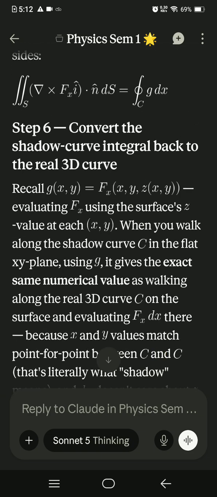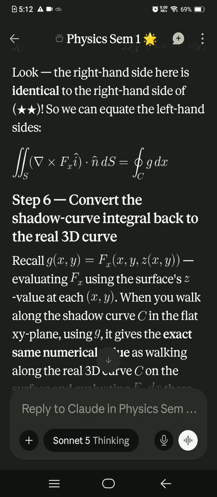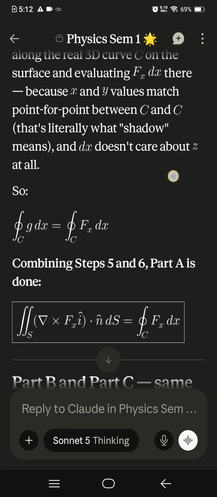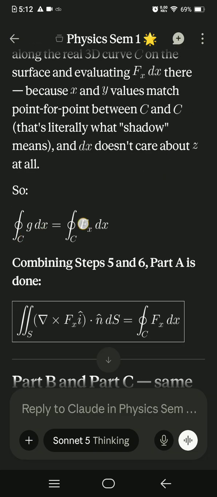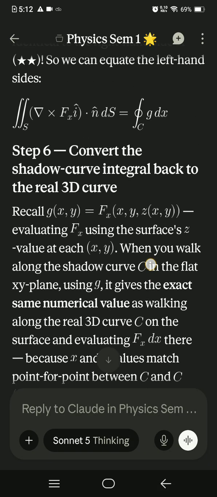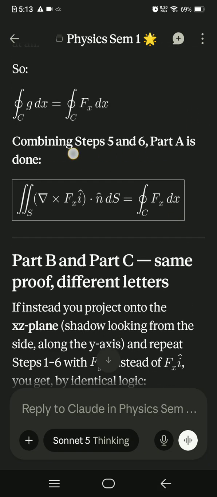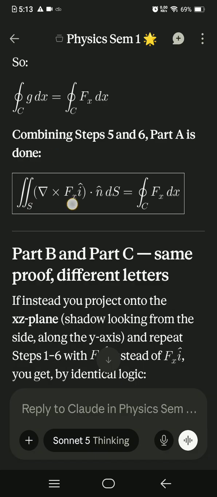So we were here, right? This is equal. So now we have to convert this into this. So now g dx becomes fx dx. Step 6 not clear. Combining step 5 and 6, part A is done.